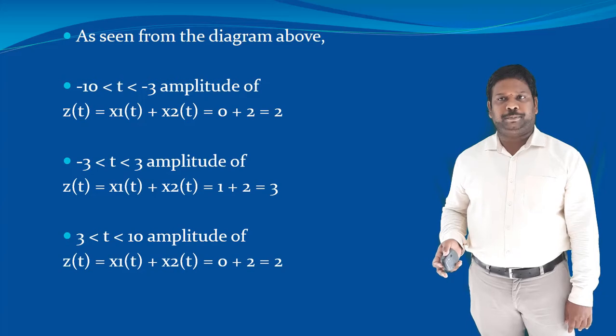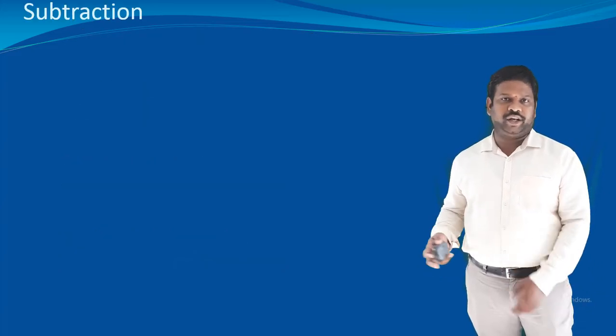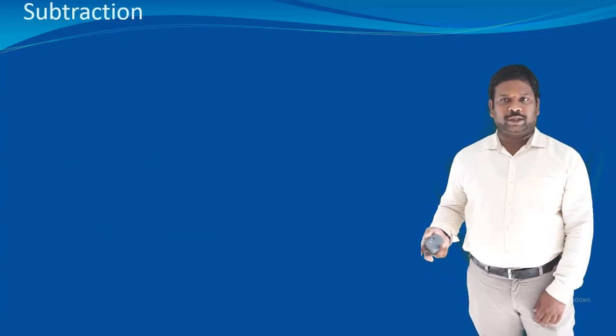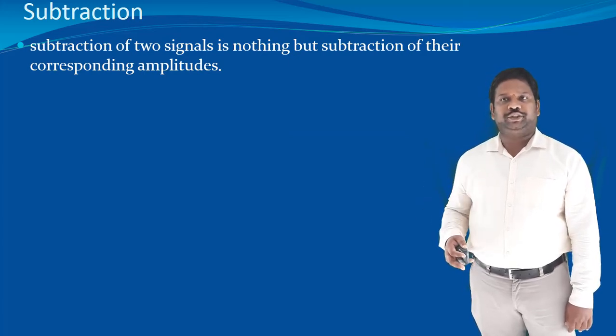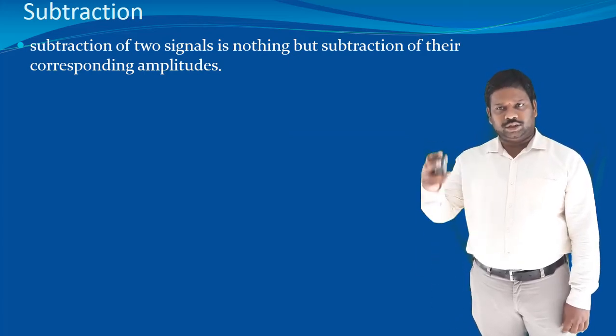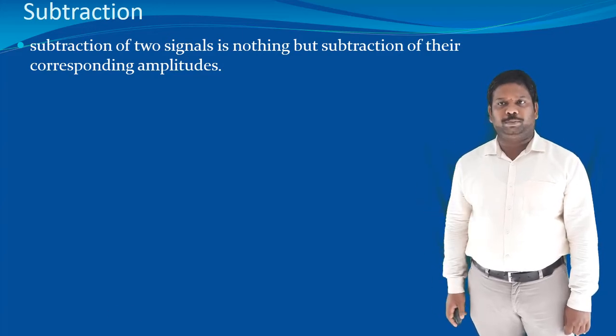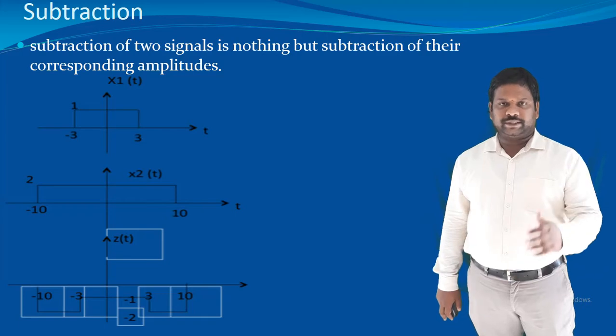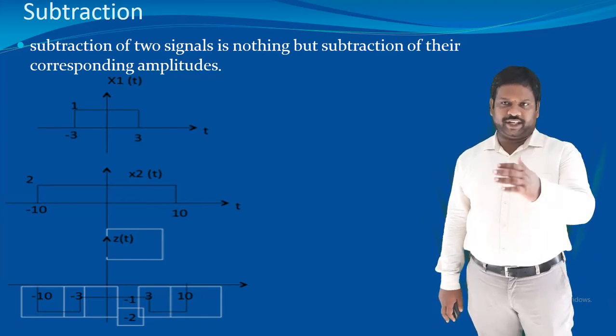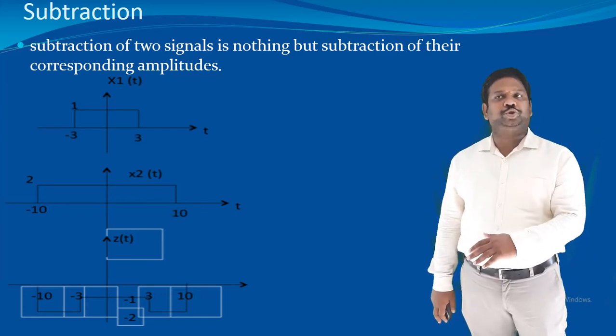Next one is subtraction. In a similar fashion as we have done for the addition, the subtraction of the two signals is nothing but the subtraction of the amplitudes of the corresponding signals. Next, similarly taking the same example, we will subtract the corresponding amplitudes of x1 of t minus x2 of t.